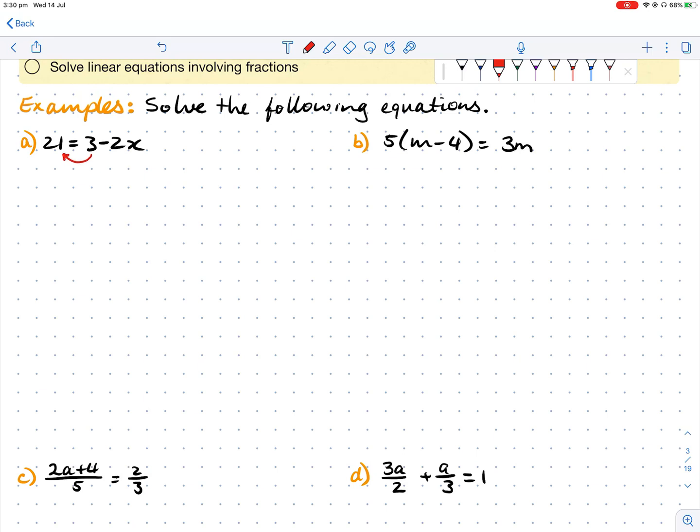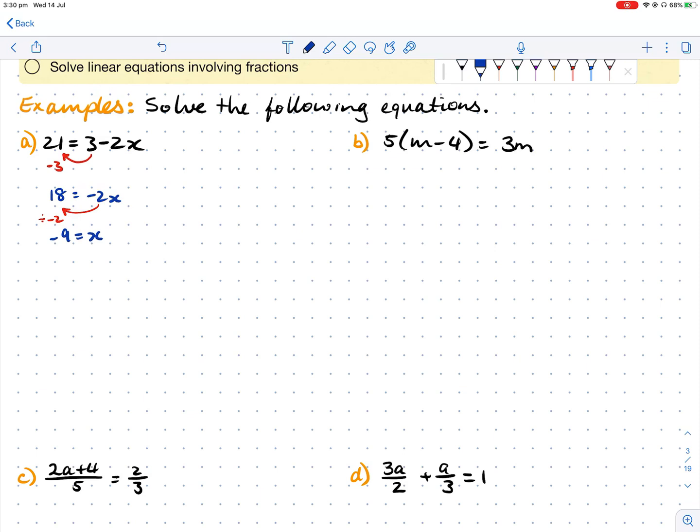The first thing I'm going to do is move the 3 because it's the furthest away from the x. So we're going to take off the 3. So you have 18 equals to negative 2x. Then your next step is to divide by negative 2. So then you've got negative 9 equals to x. And that's perfectly fine to leave as a solution.